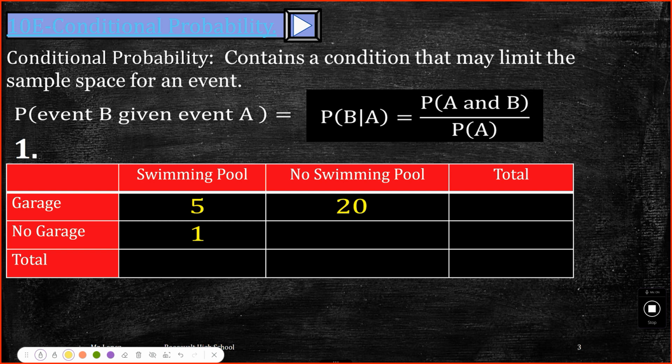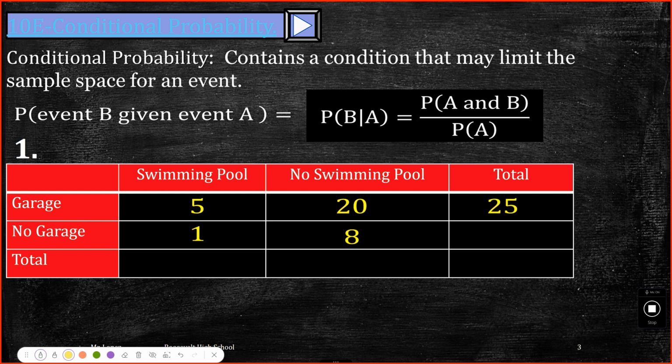No garage, no swimming pool: 8. And now we can fill out the rest of this. How many people in that class lived in a house that had a garage? The total number of people that lived in a house that had a garage: add straight, 25.